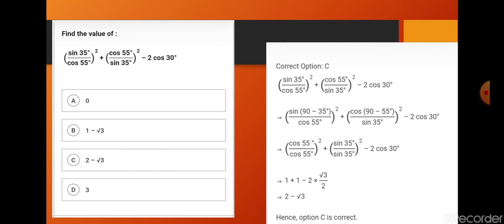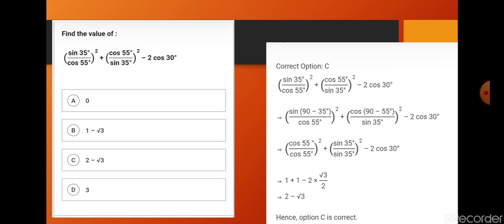The sine 35 can be converted into cos of (90 minus 35) degree, and cos 55 can be converted into sine of (90 minus 55), that is sine 35 degree. Hence, sine 35 degree divided by cos 55 degree can be written as cos 55 degree divided by cos 55 degree, which is nothing but 1.